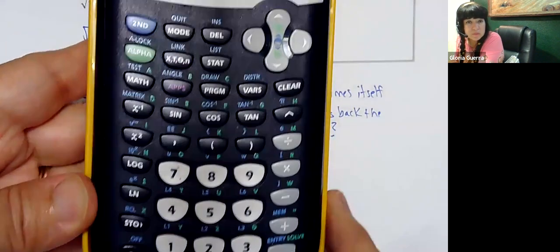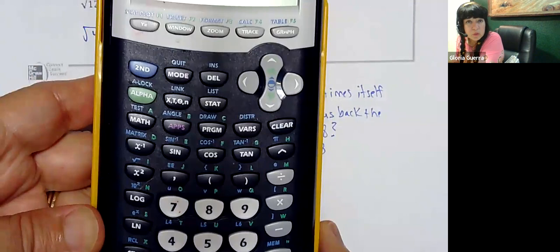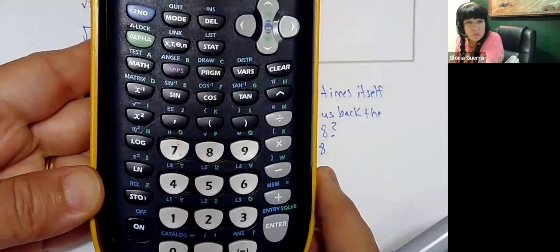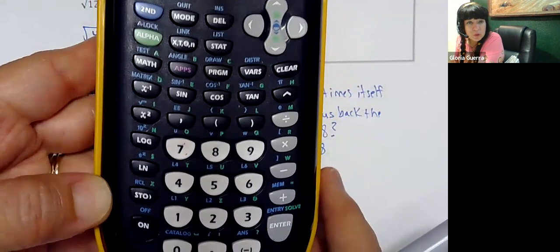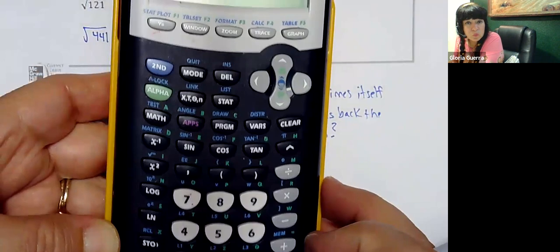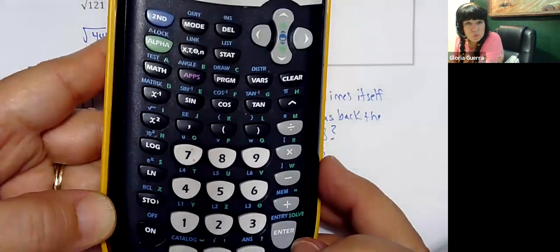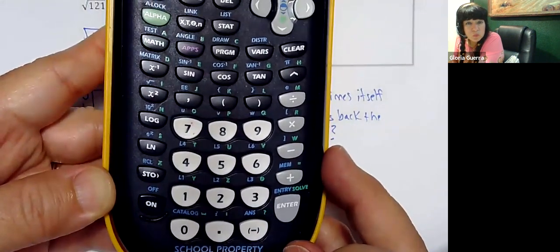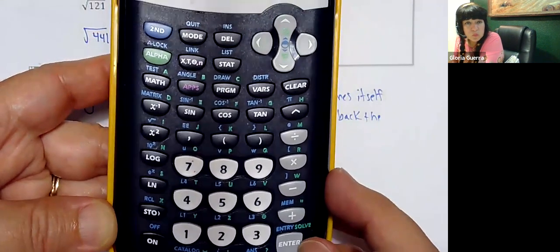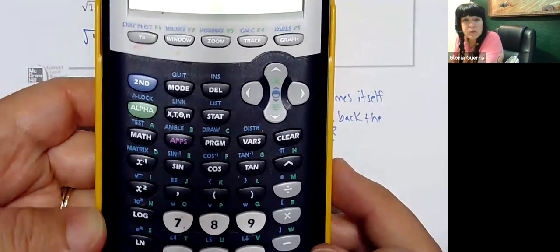Let's see. Where's the generic root? That's the square root. I think that would be under the math.